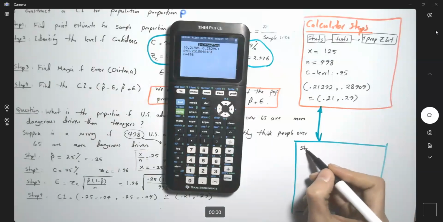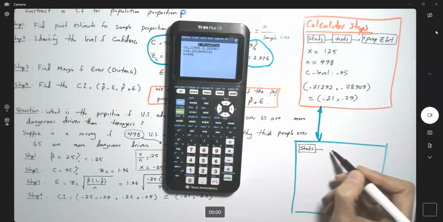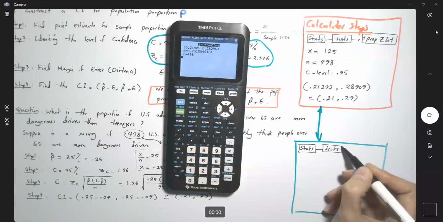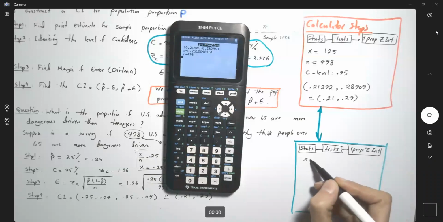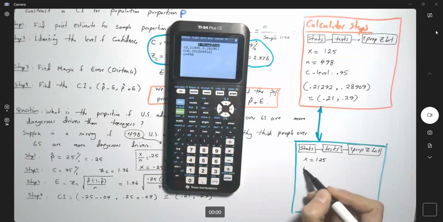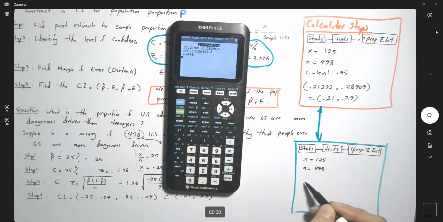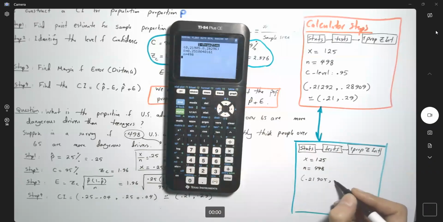Stat, tests, 1 proportion Z interval, X stays the same, 125, N is 498, and now the interval is 0.21905, comma 0.28296, which is approximately 0.22 and 0.28.